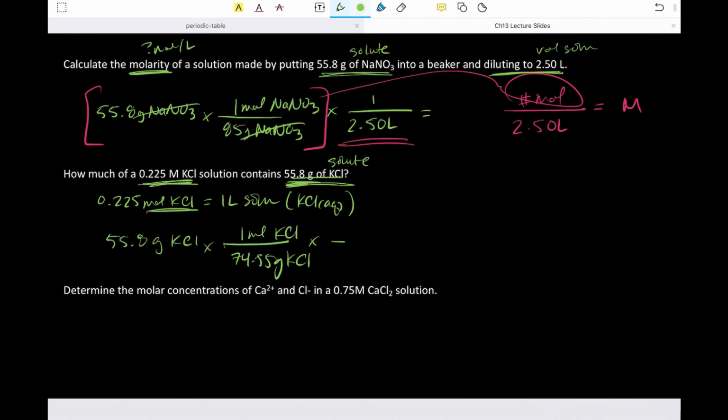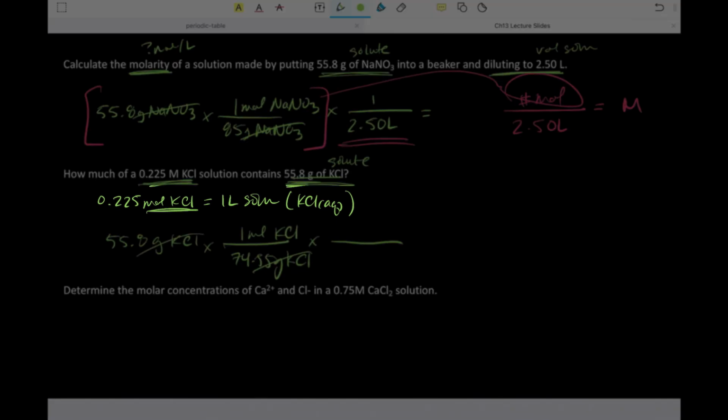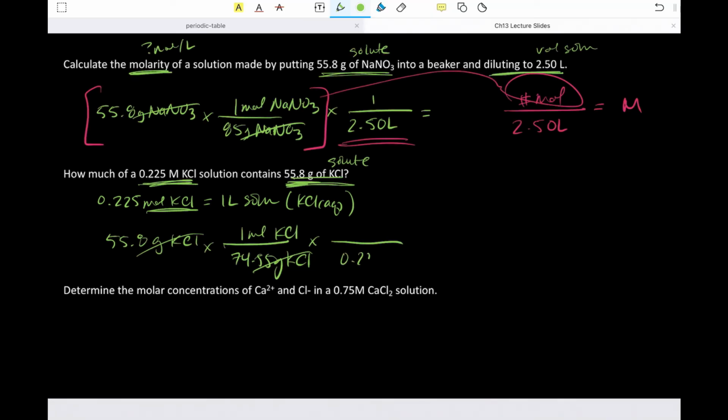Now I can employ my molarity, which says that there are this many moles of KCl for every 1 liter of my solution. Now, when I do this, I'm going to get the volume of solution, meaning something that I can measure out in a graduated cylinder, how much of the solution I need if I'm trying to get 55.8 grams of KCl. Does that make sense?